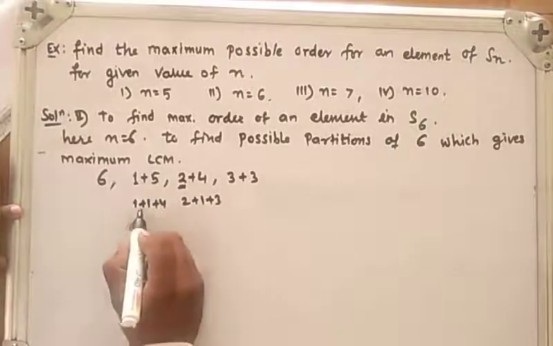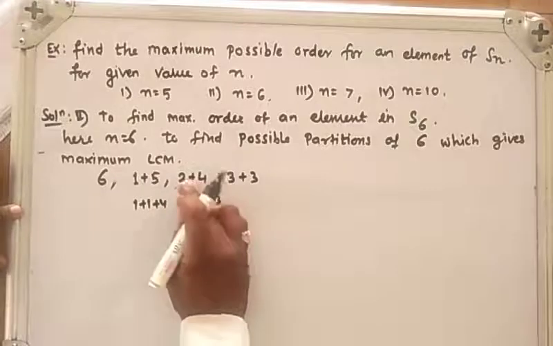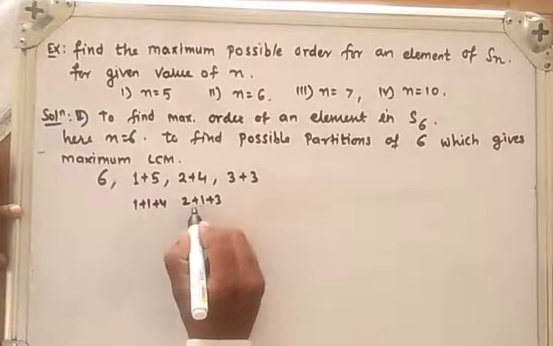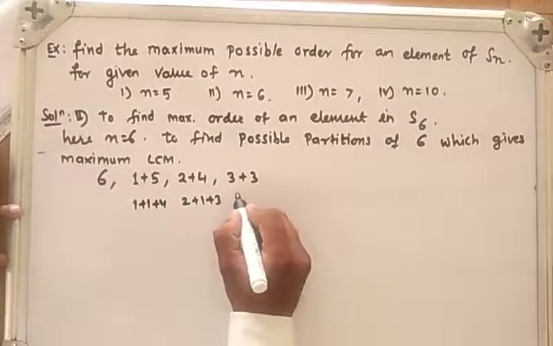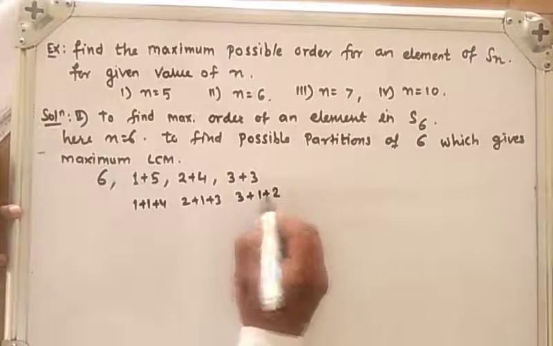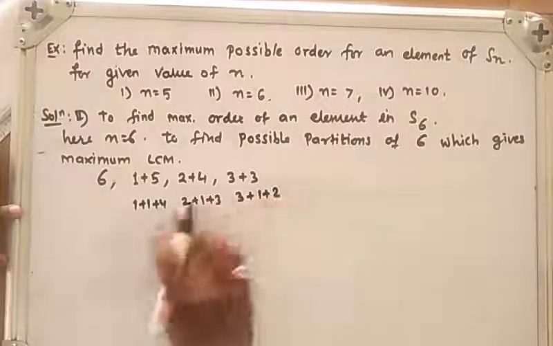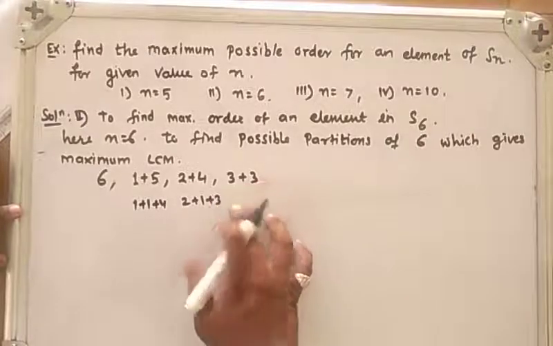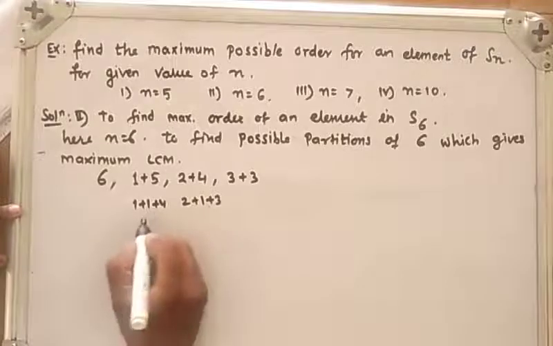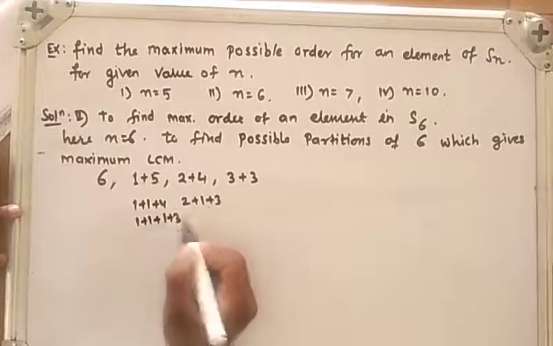So here 1 as it is, 5 has partition 1 plus 4. Here again I will put 2 plus 4, which can be written as 2 plus 1 plus 3. Next 3 as it is, with the partition 1 plus 2. So 2 plus 1 plus 3 and 3 plus 1 plus 2 have the same elements, so I will write only this. Next 1 plus 1 plus 3.